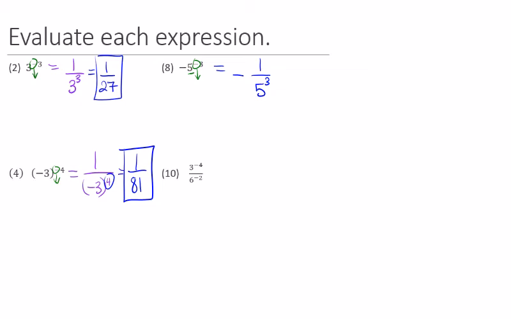So I'm just dropping the 5, not the negative, right? And so this will be negative 1 over 5 cubed, which is 125. All right, so watch out. Be careful whenever you're dealing with exponents that you make sure you're aware of when to include the parentheses and when not to include the parentheses, right? Because it does make a difference.